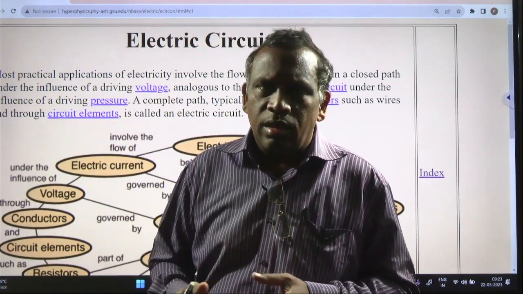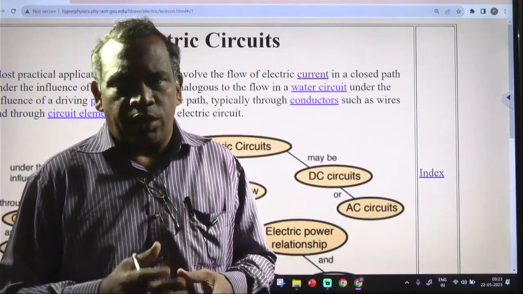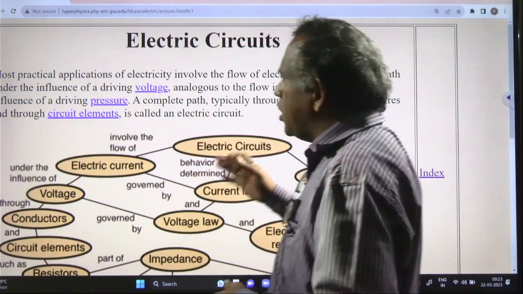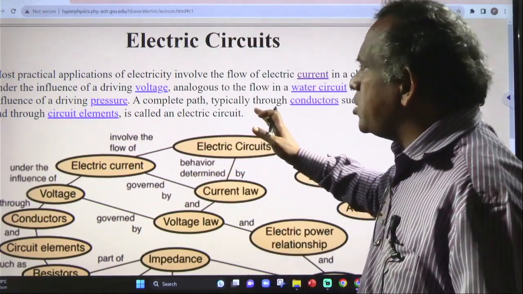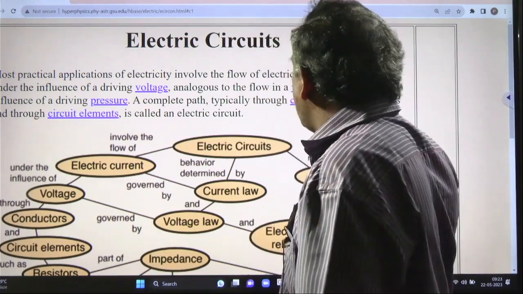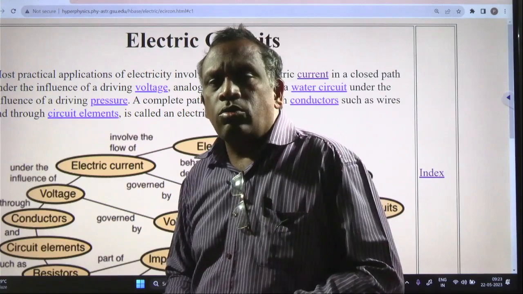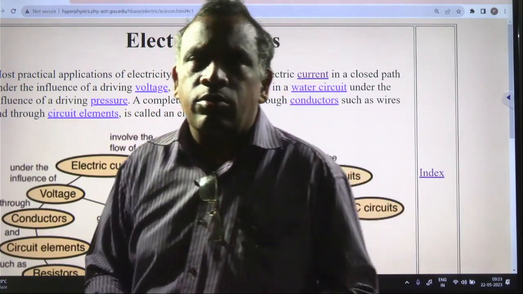The main driving force in electric circuits is voltage. Most practical applications of electricity involve the flow of electrical current. There are two types of electric circuits, open circuit and closed circuit.